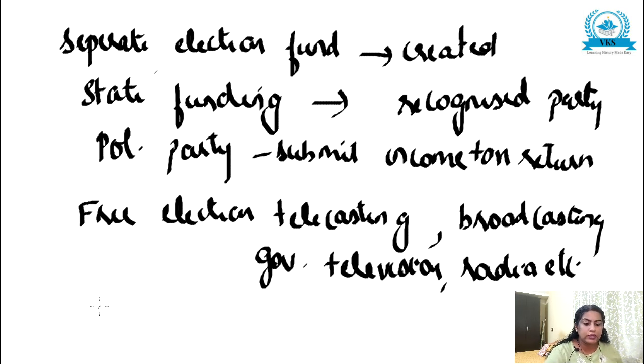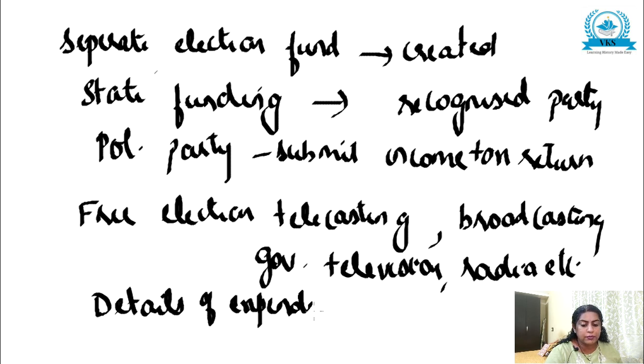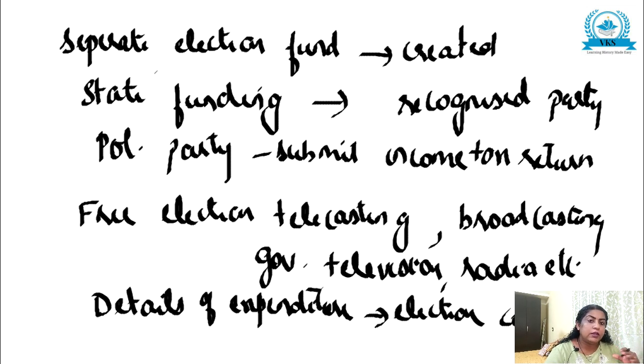After getting all this state funding, details of expenditure should be provided to the Election Commission within a specified time. The details regarding the spending and their expenditure should be given to the Election Commission.